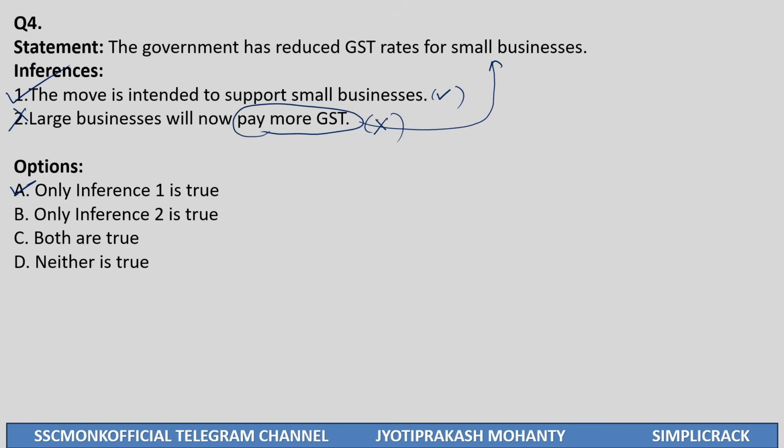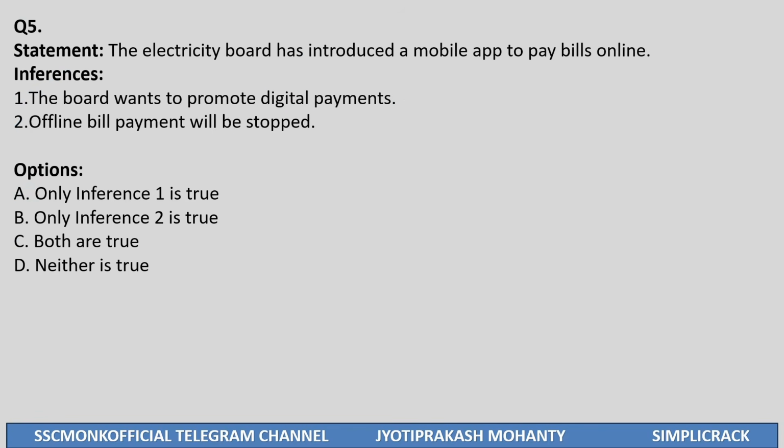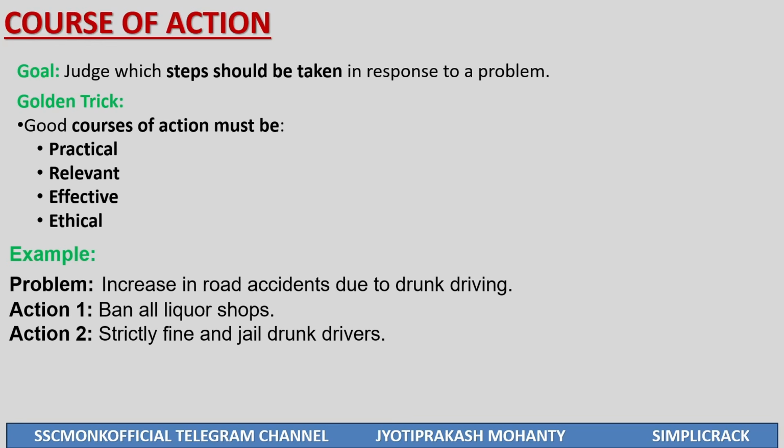So see how the inference steps are really useful in answering the questions. And with the same, you will be answering the questions I am giving you as homework. Clear? So till now, we have completed 3 chapters: statement assumption, statement inference, statement conclusion. Now our 4th chapter, course of action.